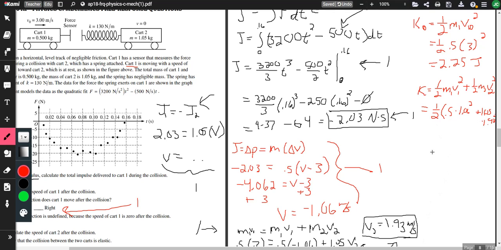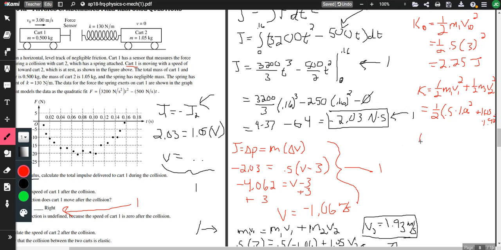Sorry for the closeness. So plugging all this in, 0.5 times 1.06 squared plus 1.05 times 1.93 squared.